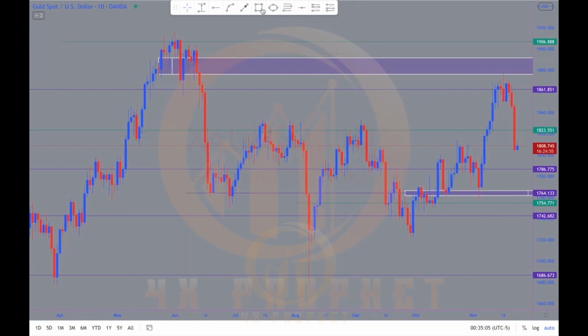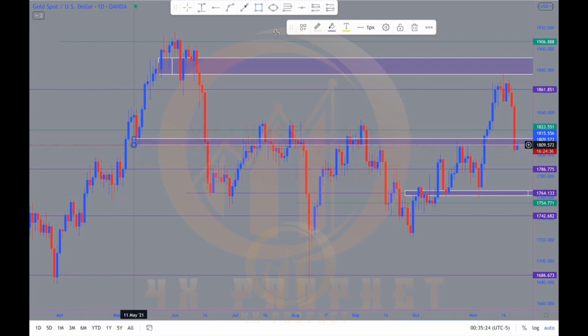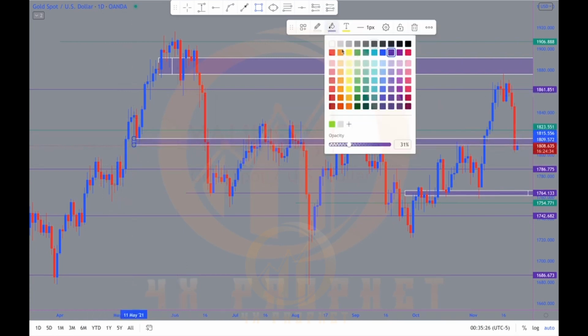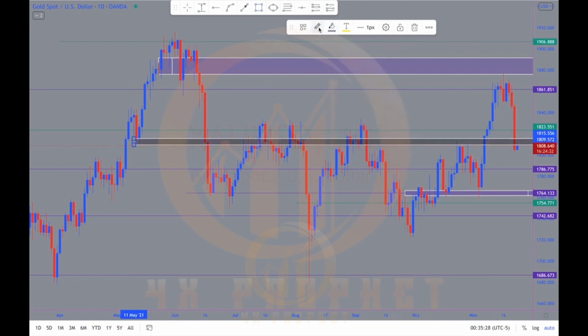All right, cool. Now what I'm going to do on my daily time frame is mark off important areas. And as everyone should know by now, I love color coding. I don't just use one color. I color code so I can know which time frame that was on.